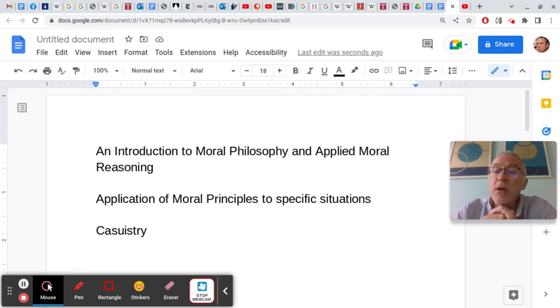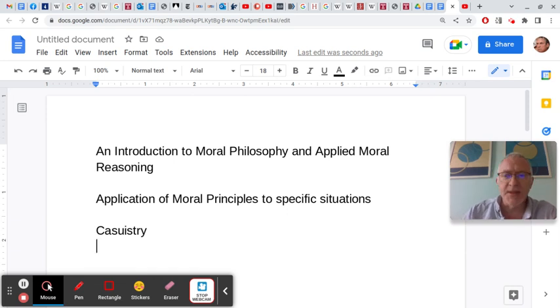Casuistry is the art of actually applying it to specific situations, right? Even though we may agree on a specific principle, and maybe that principle is clearly true to us, it's not so clear how to apply it in specific situations. The general principle of utilitarianism is that we should do things that produce the greatest happiness for the greatest number.